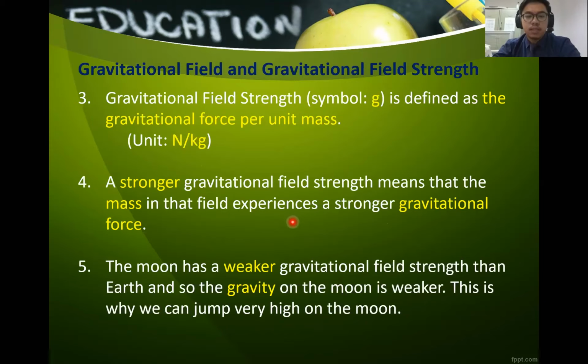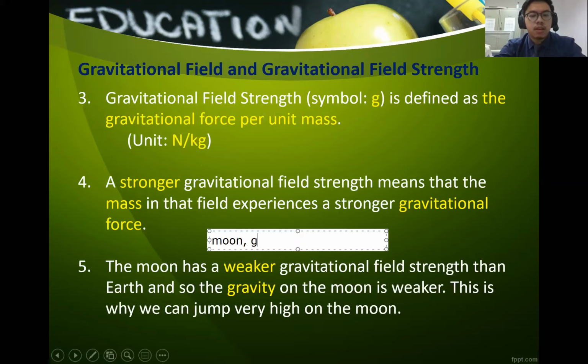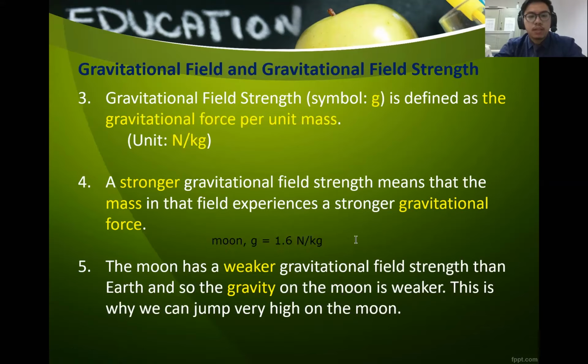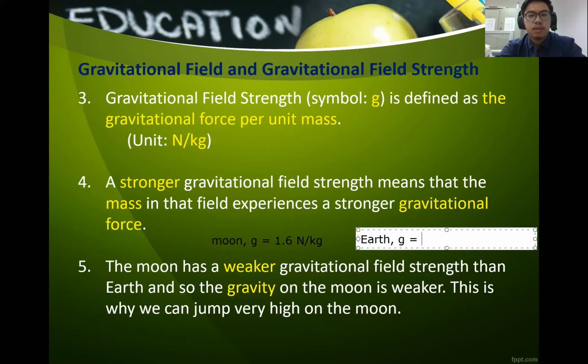An example of this is that the moon has a weaker gravitational field strength than Earth. If I remember correctly, the moon has a gravitational field strength of about 1.6 newtons per kilogram, whereas on the Earth, it is 10 newtons per kilogram.